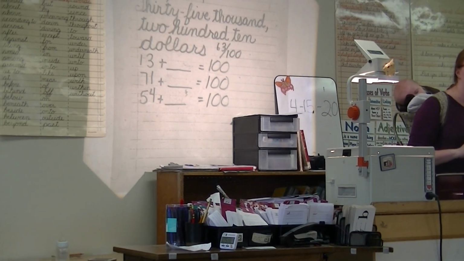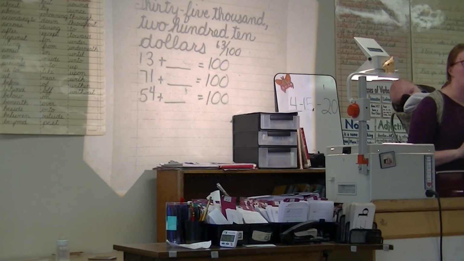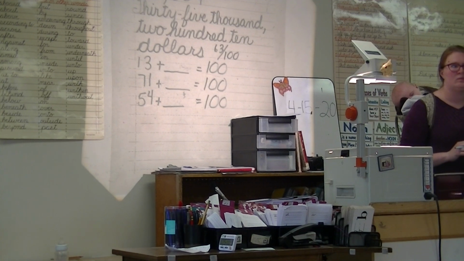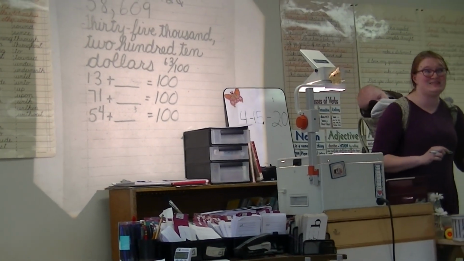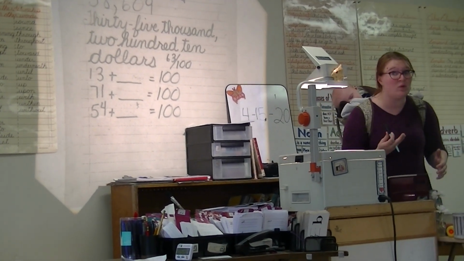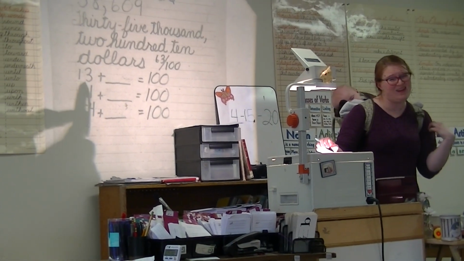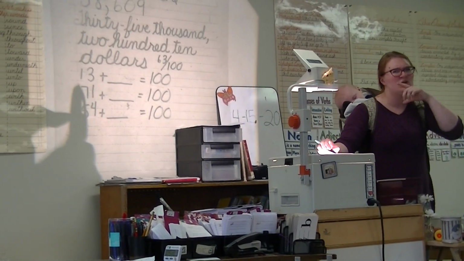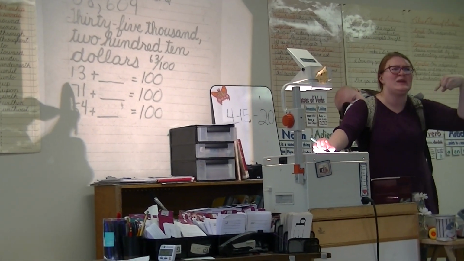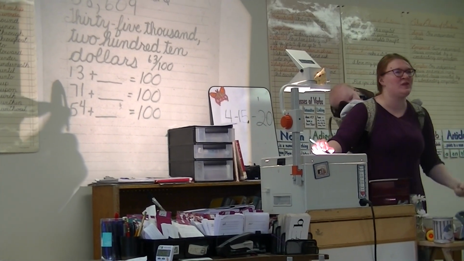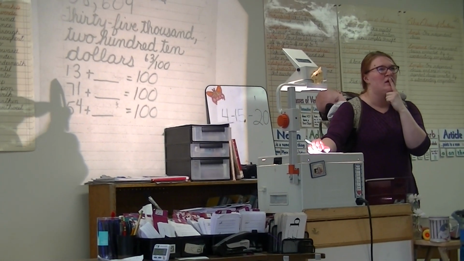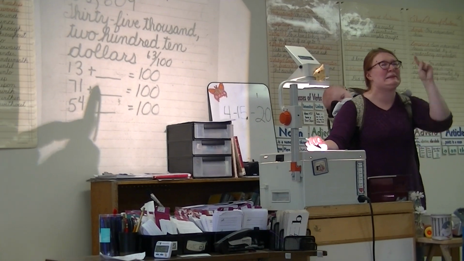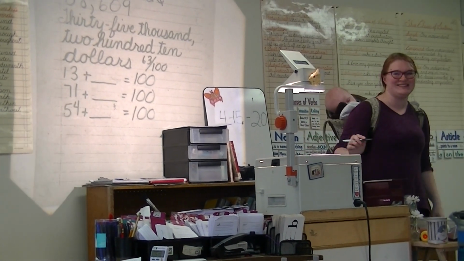How many more make 10? Seven. So I could say 10 and 90 more, but I don't have 10, I have 13. So if 13 is 3 more than 10, then what is 3 less than 90?